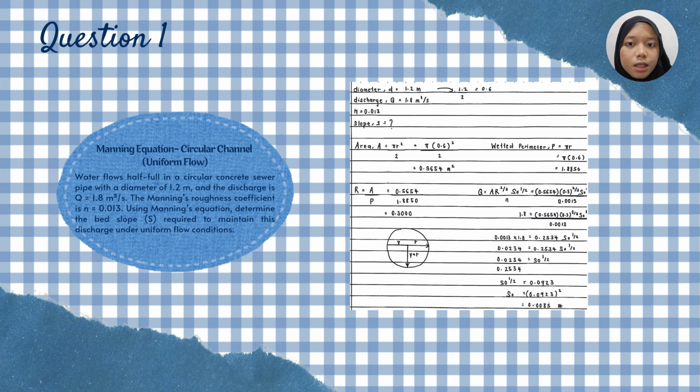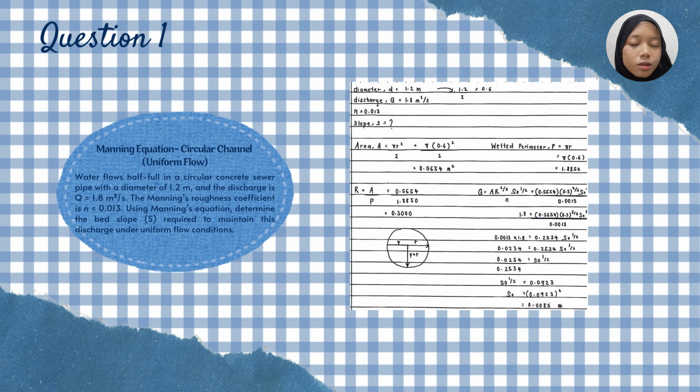So 3.142, which is the pi, times 0.6 will equal 1.885 meter. Now we find the hydraulic radius R, which is A over P, 0.5654 over 1.885. It will give us 0.300 meter.